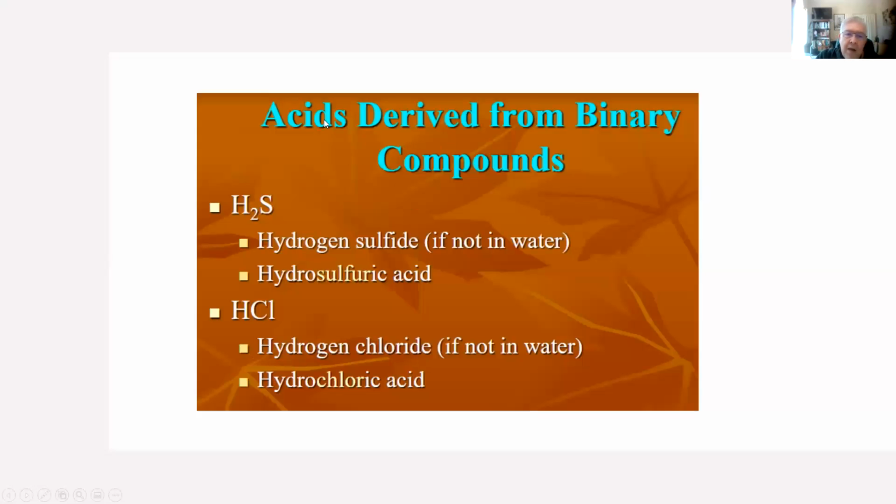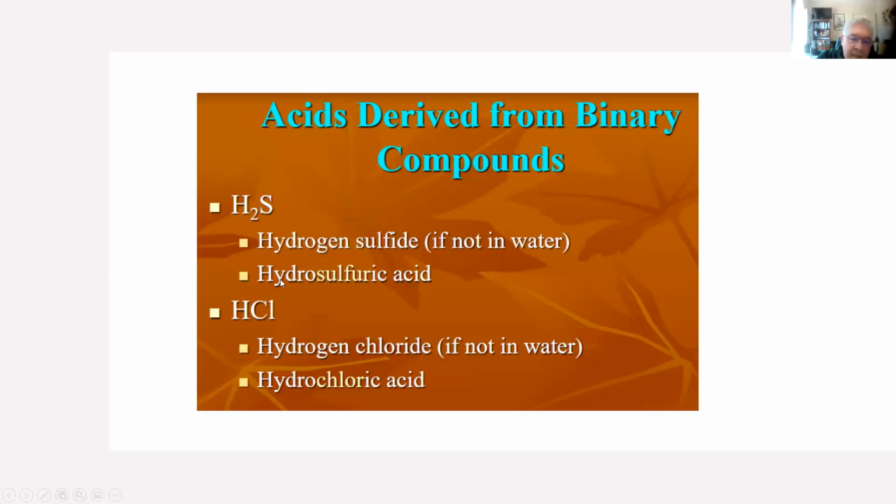Well, when you have two compounds and the first one is hydrogen, and they are in the gas state, then you name this as I showed you before. But if it is in aqueous solution, it is an acid. And then you have to use the prefix hydro and the suffix ic for sulfur, that is the element.